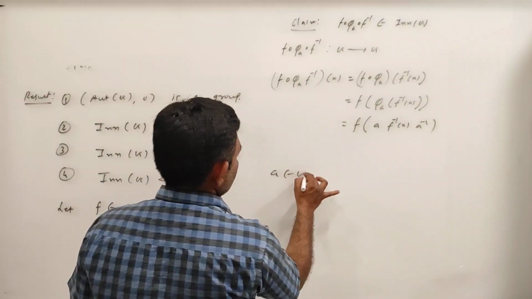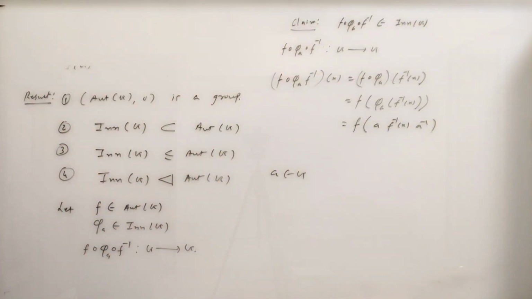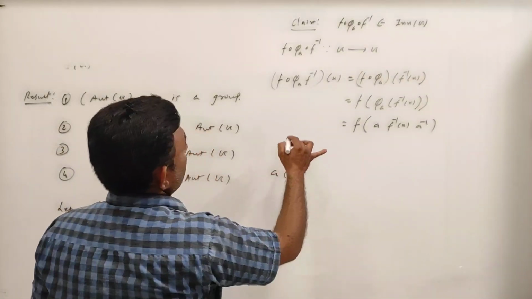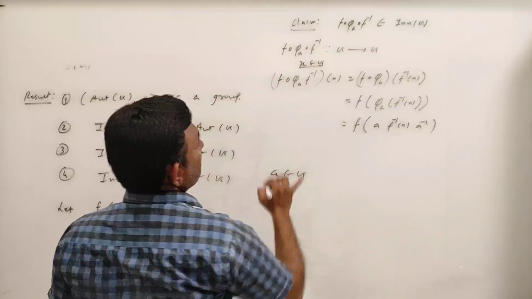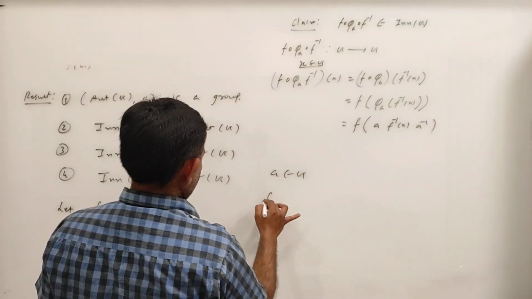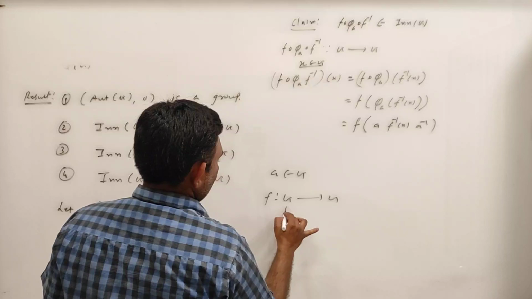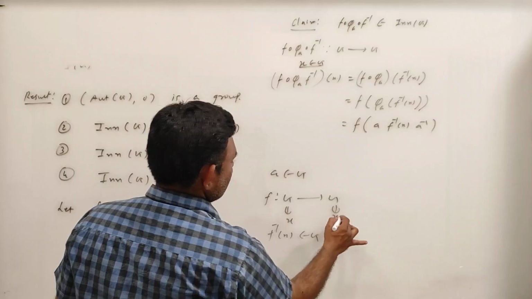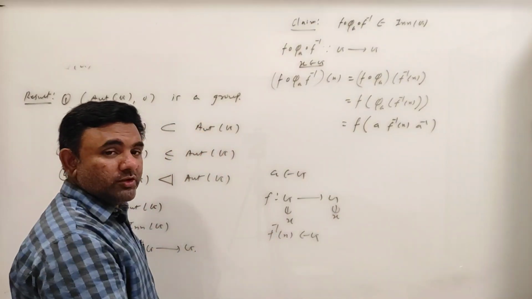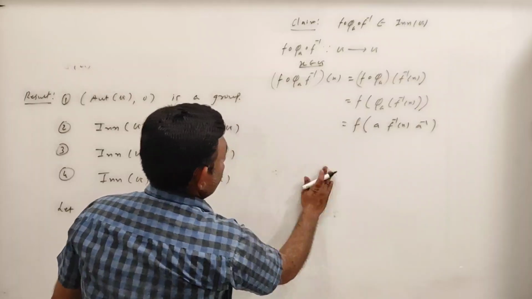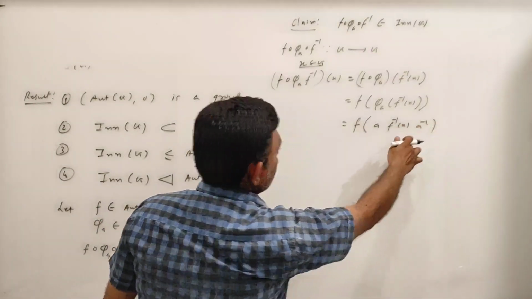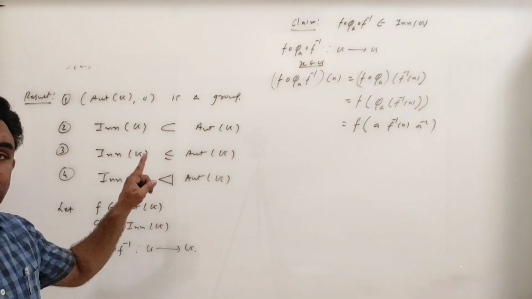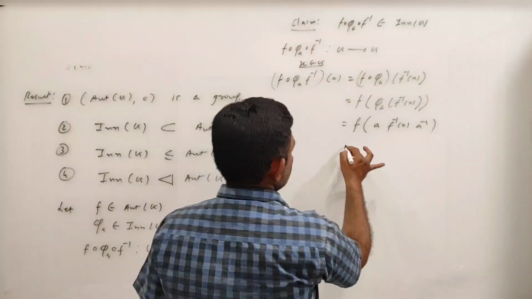Now a is in G, and x is in G. F is a mapping from G to G, x belongs to G, so f inverse x will also be in G. So a, f inverse x and a inverse are all elements of G, and f is an automorphism from G to G, so it is an isomorphism and will preserve composition.